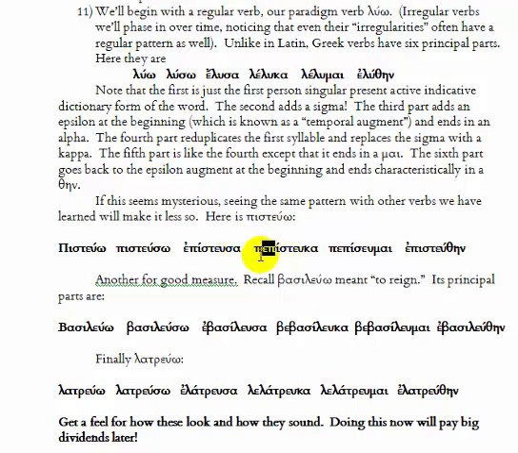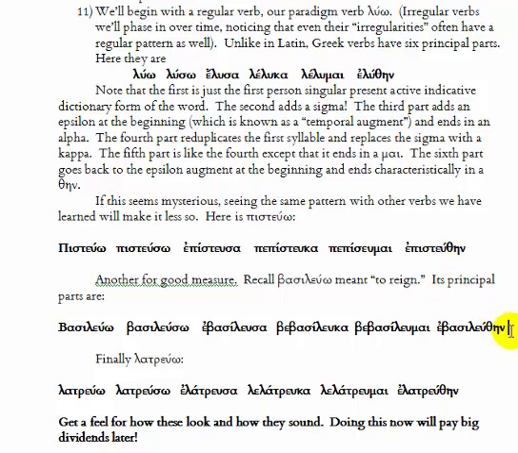We reduplicate and stick a kappa in the fourth one, reduplicate again and have a mi ending in the fifth one, and then we go back to the epsilon and the thane ending in the sixth one. So pistuo, pistuso, epistusa, pepistuka, pepistumai, epistuthane.